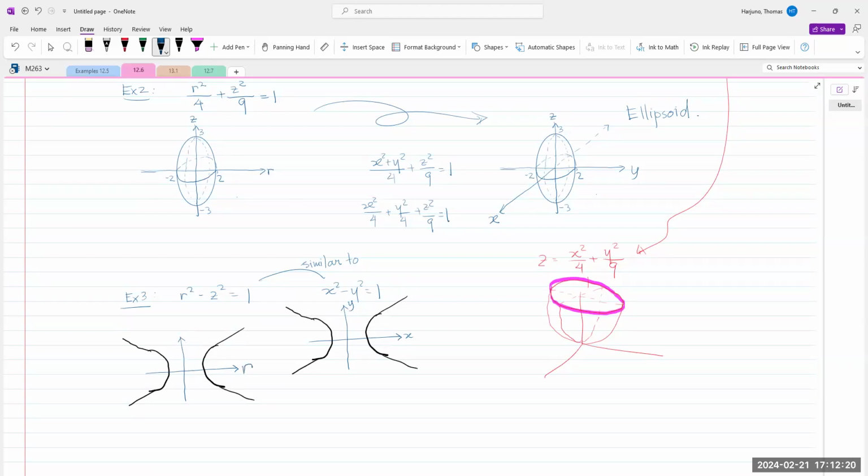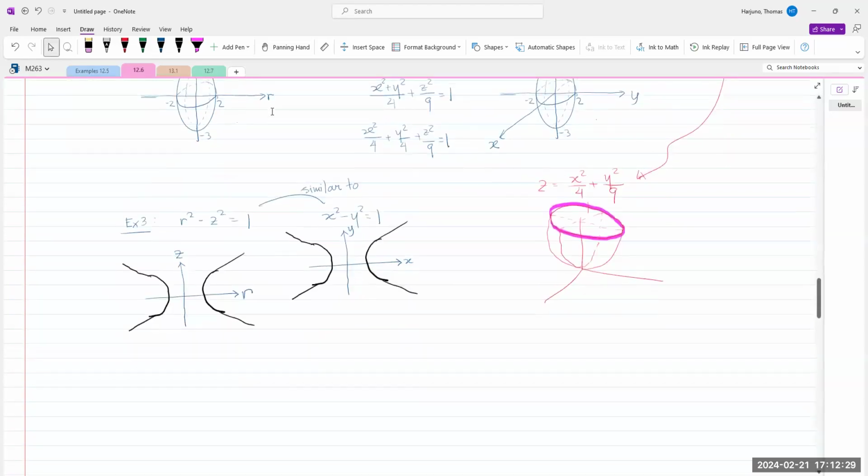This is r, this is z. Okay? And then we spin this around the z-axis. If you spin this around the z-axis, then it looks like this.